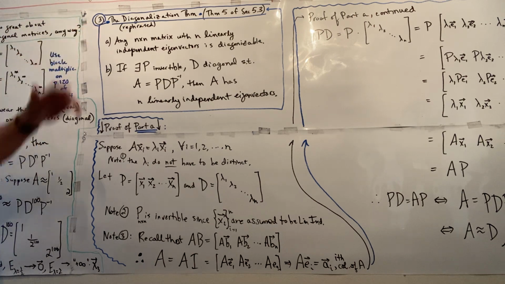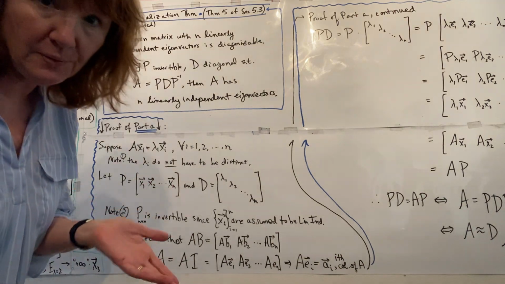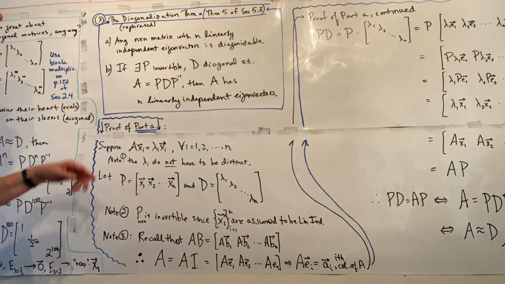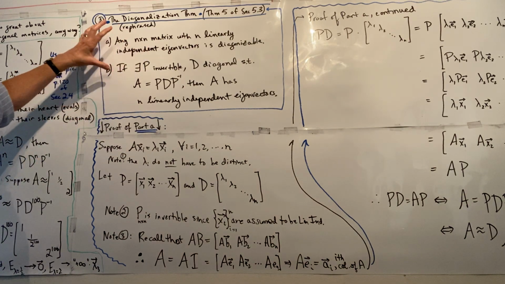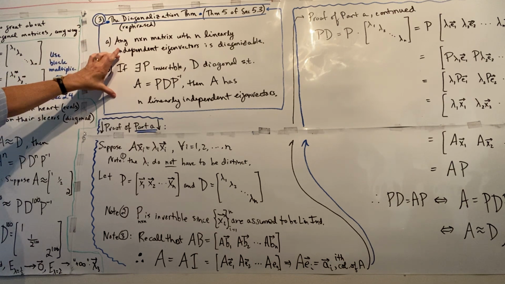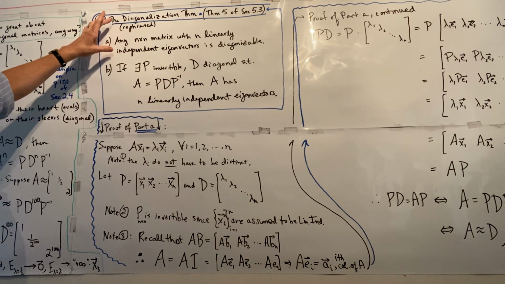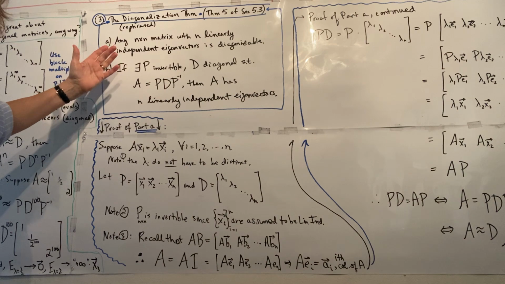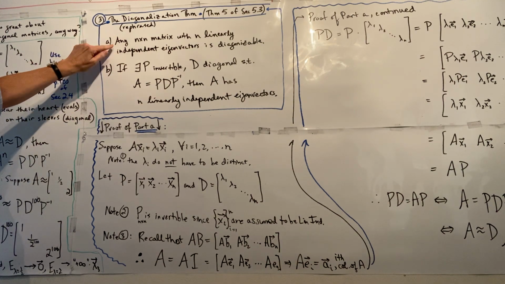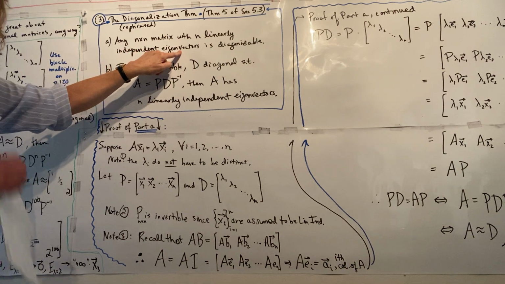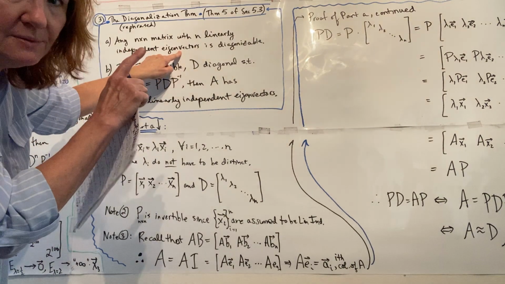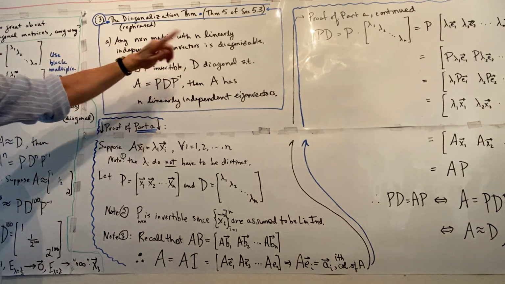So there's a big theorem, the Diagonalization Theorem. It's Theorem 5 of section 5.3. You should be able to prove both directions. I split them up into two explicit different statements. Your book phrases it as an if and only if. Any n by n matrix with n linearly independent eigenvectors, like that last example, is diagonalizable.